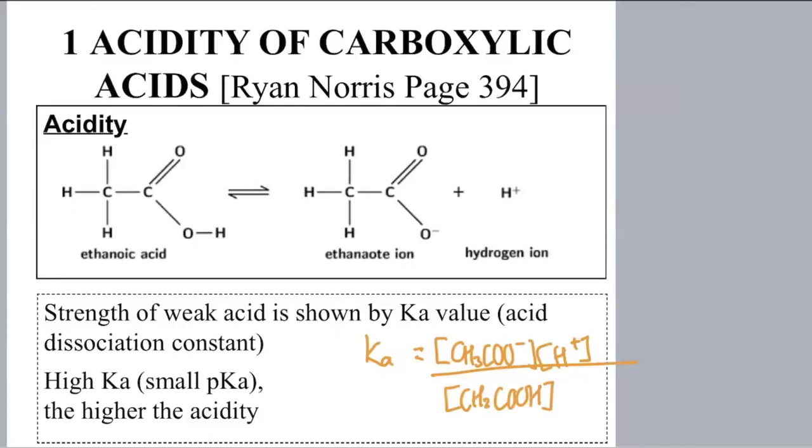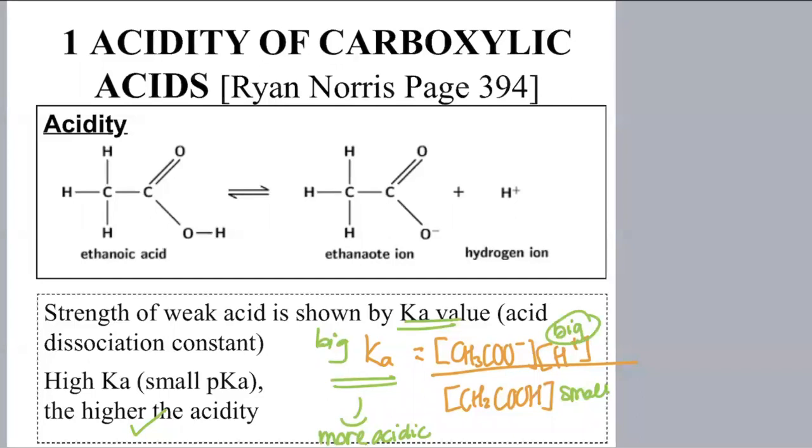So if you have more ions, in which case the top is big, your Ka will be big as well. This one is small. So a big Ka means more acidic because you have more ions. So the strength of the weak acid is shown by the Ka value, where a higher Ka means higher acidity.